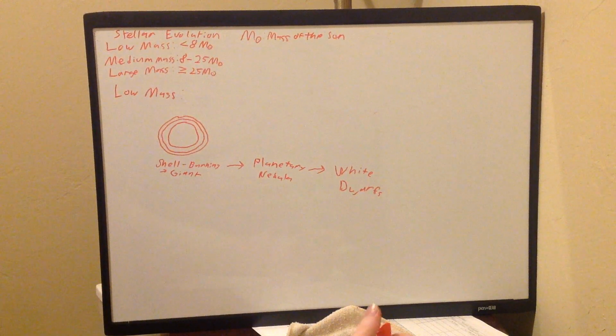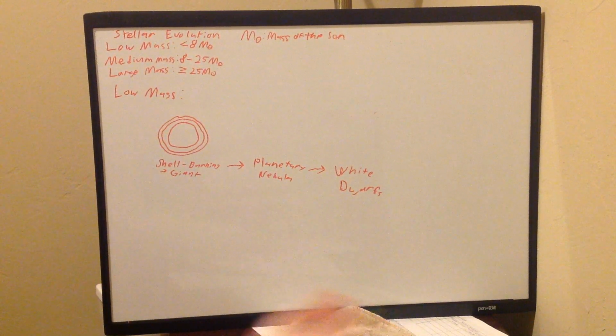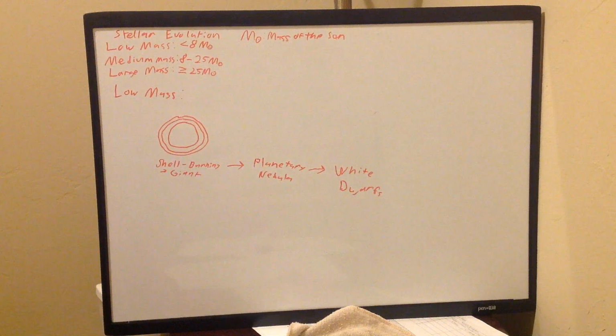White dwarfs can also be very hot. As you may recall, they share a spectral type with like the biggest, hottest main sequence stars. But white dwarfs generally aren't really producing very much energy themselves. So they're pretty much just a hot thing cooling off. They don't have the ability to stay hot forever.